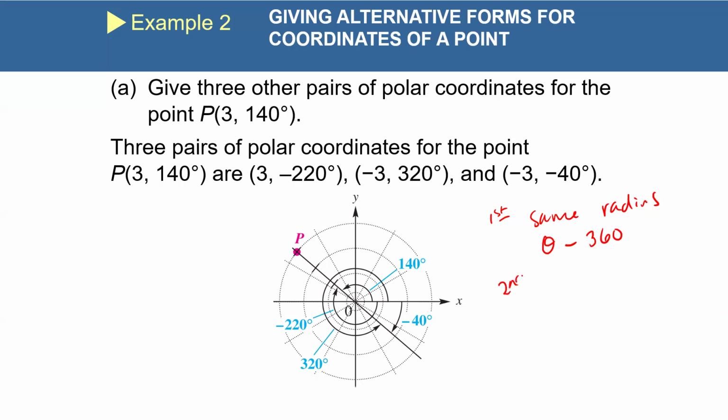The second one is going to be your opposite radius, and we're going to call this theta 1. You're going to take theta 1 and add 180. Plus 180.